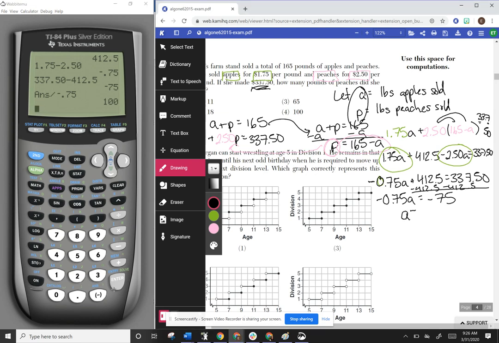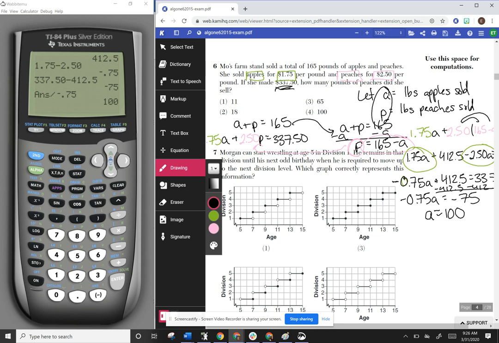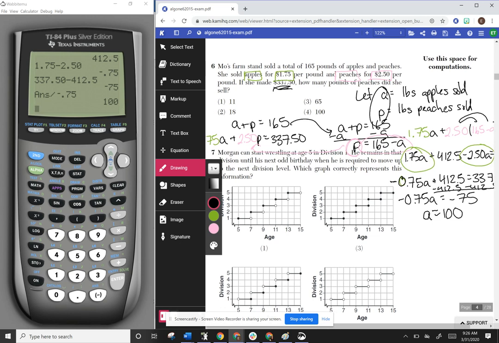We got A equals 100. So we know how many pounds of apples she sold. She sold 100 pounds of apples. But we're not looking for apples, we're looking for peaches. So if she sold 100 pounds of apples, and it was 165 in total, we know she sold 65 pounds of peaches. Because 100 pounds of apples plus 65 pounds of peaches equals 165.